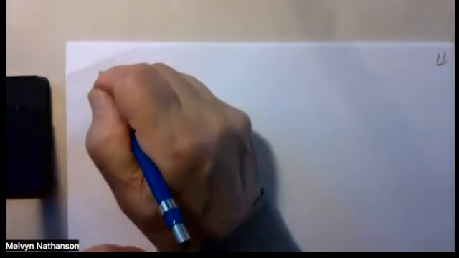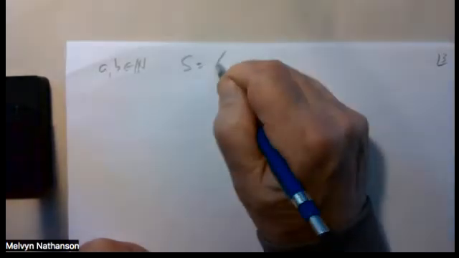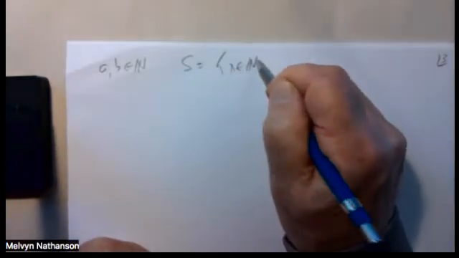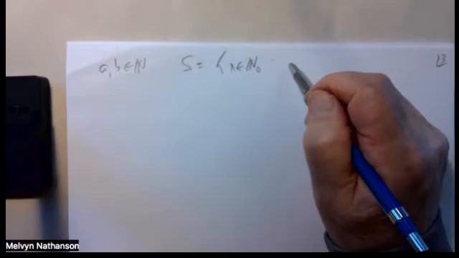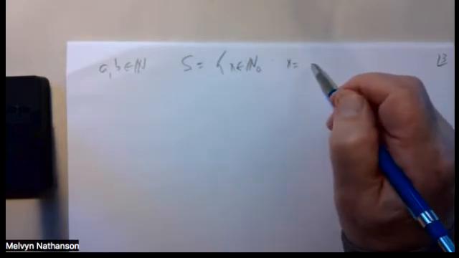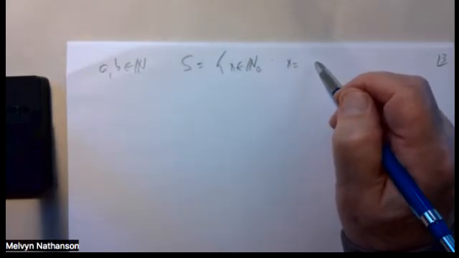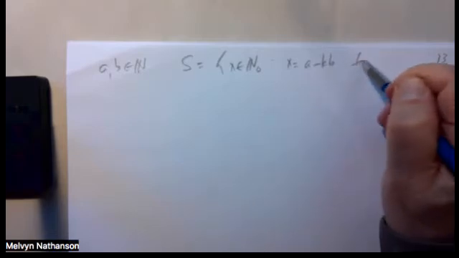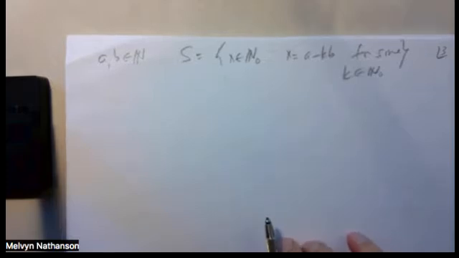Let me just repeat that. So we have a and b, positive integers, and S is the set of all non-negative integers x such that x is an integer of the form a minus kb for some non-negative integer k.